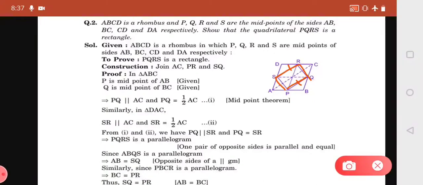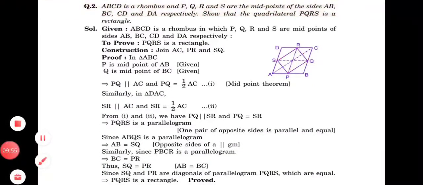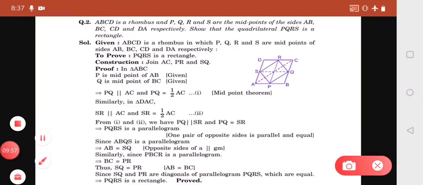Again, since ABQS is a parallelogram, we get AB equal to SQ, because in a parallelogram opposite sides are equal.